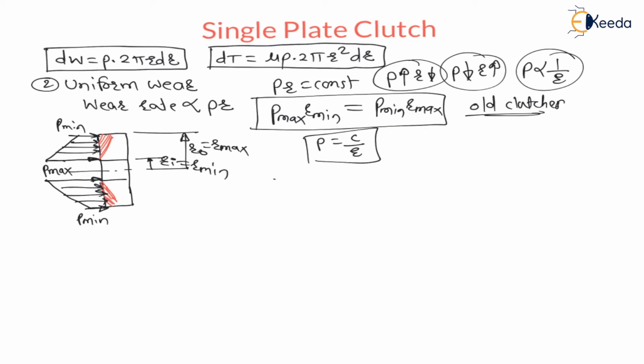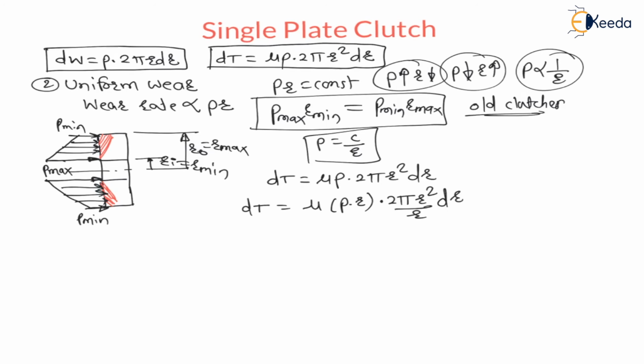Now what is torque? The torque transmitted by a very small elemental ring is dT equal to mu p into 2 pi r square dr. Now see, can I write this as mu into p into r into 2 pi r square divided by r dr, because I have multiplied and divided by r, right?